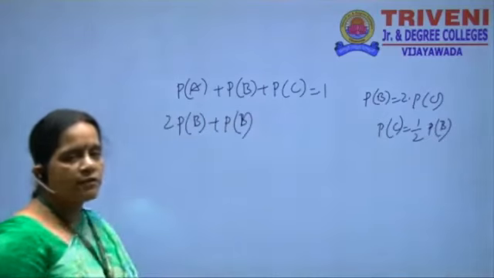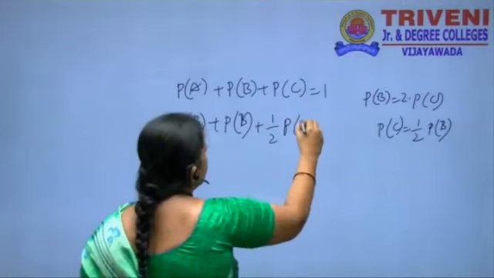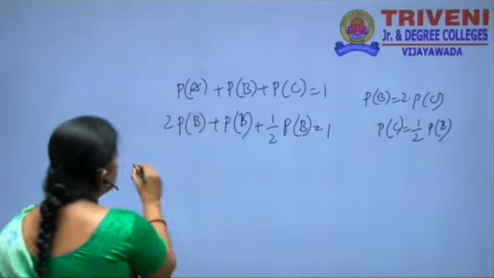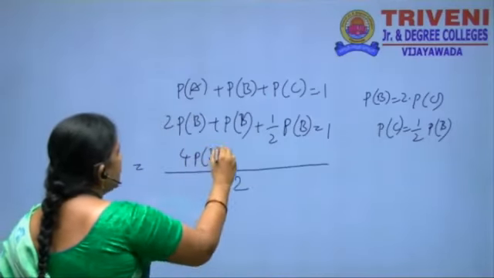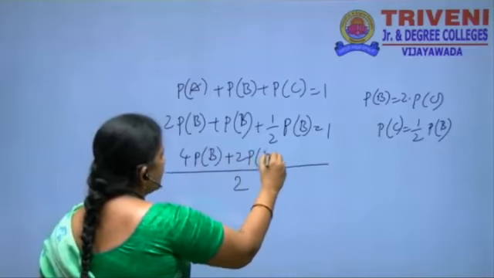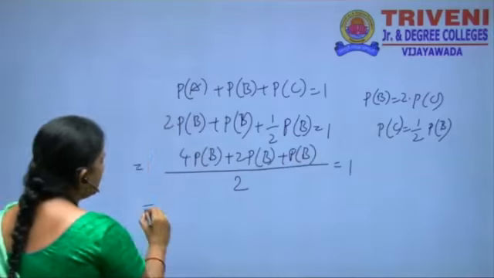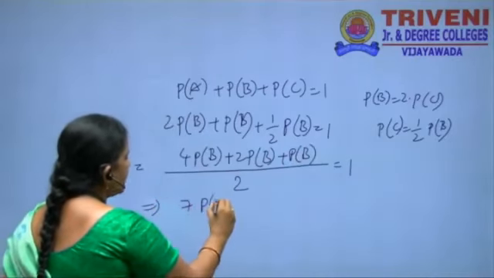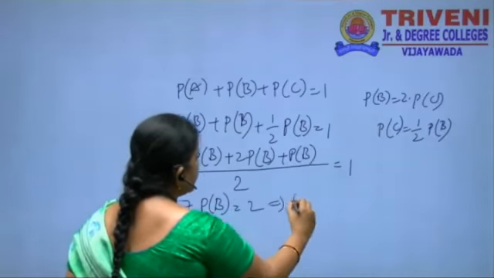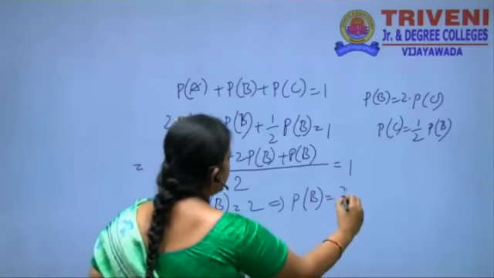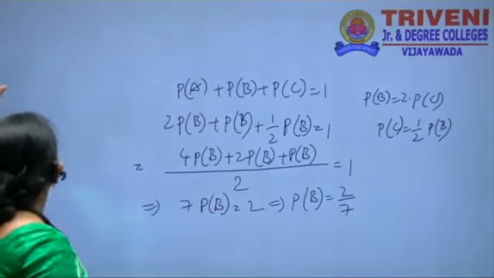In place of P(C), we write 1/2 P(B), so 2 P(B) + P(B) + 1/2 P(B) = 1. Taking LCM 2: 4 P(B) + 2 P(B) + P(B) = 2. That implies 7 P(B) = 2, so P(B) = 2/7.